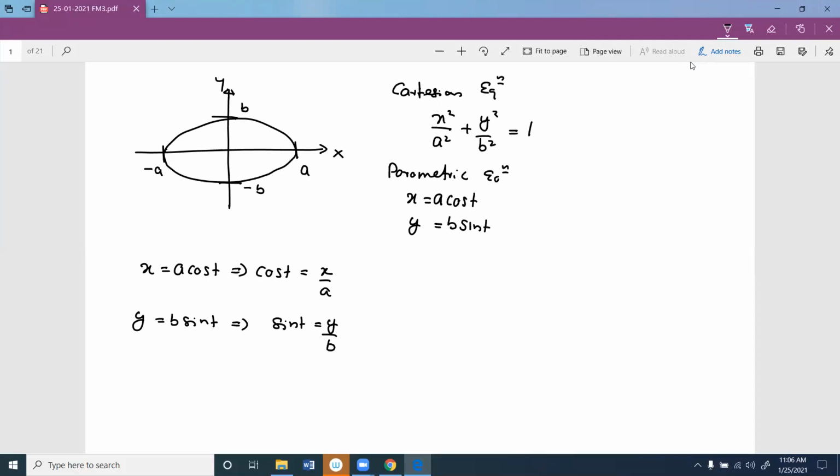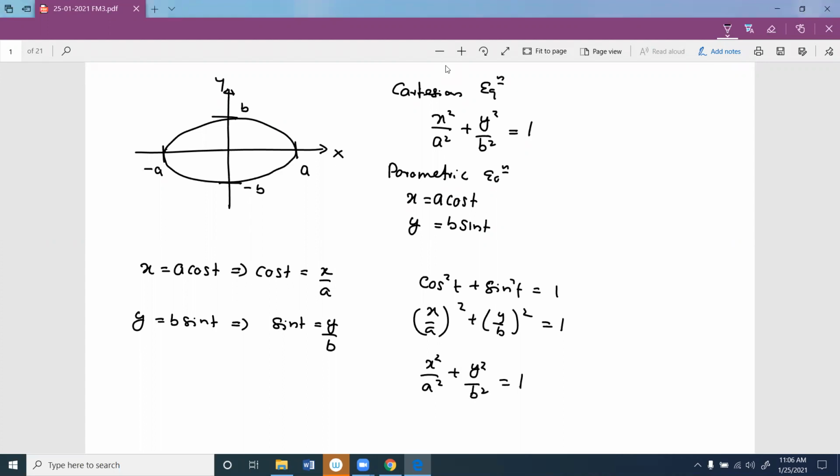Then we know that cos squared t plus sin squared t equals 1. So from here you can say (x over a) squared plus (y over b) squared equals 1. With that you can write the equation x squared over a squared plus y squared over b squared equals 1.